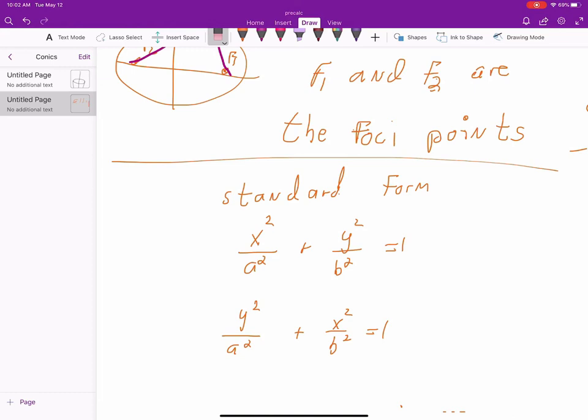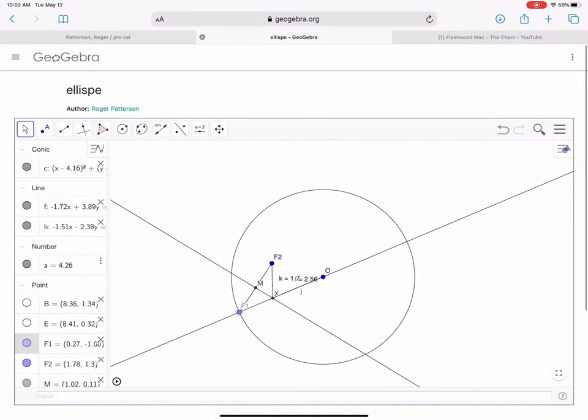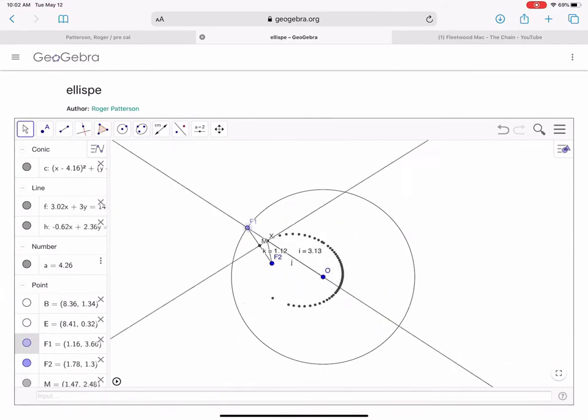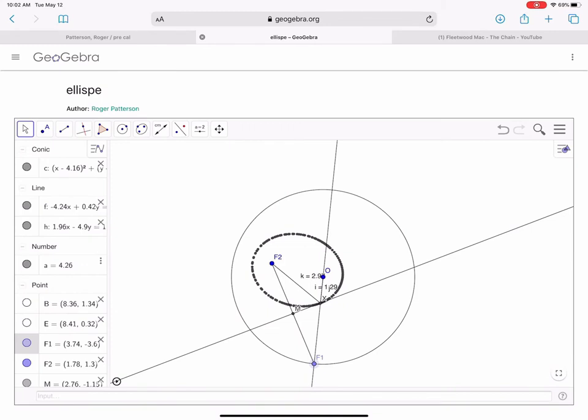In an ellipse, if I go back to this one, we might have noticed that an ellipse is elongated. So it's longer one way than it is the other way. It's not as circular. Let me see if I can take this point and move it out a little bit.